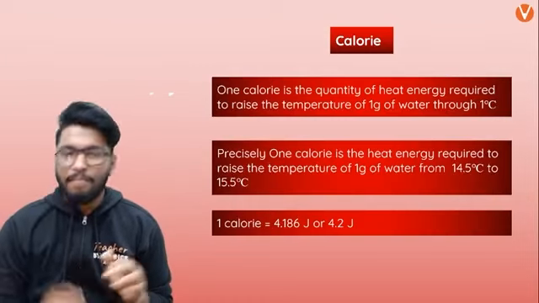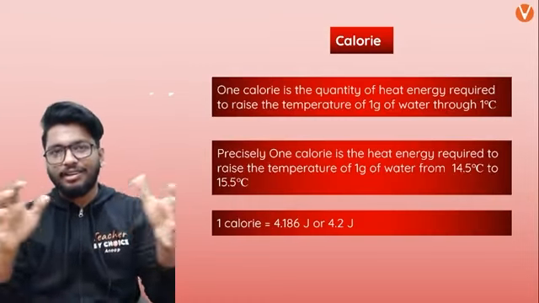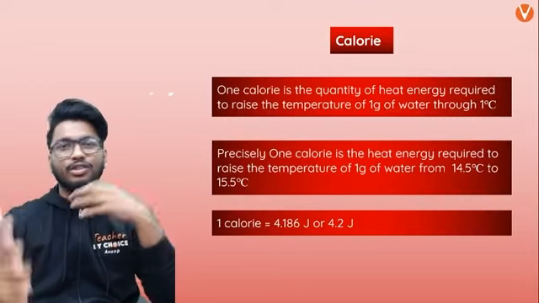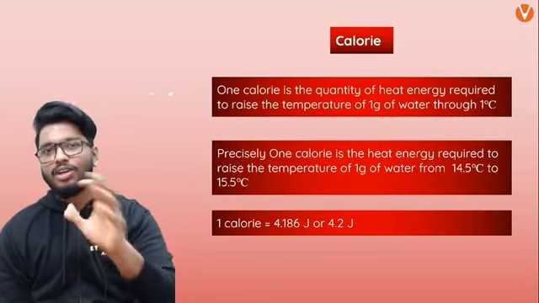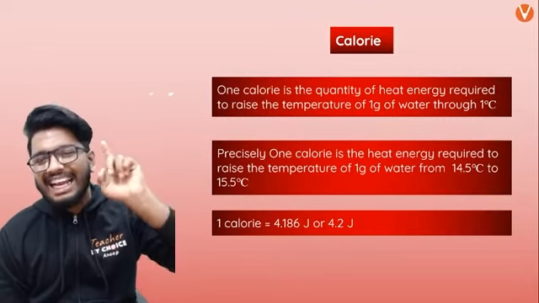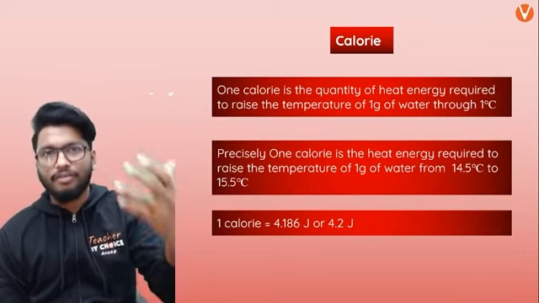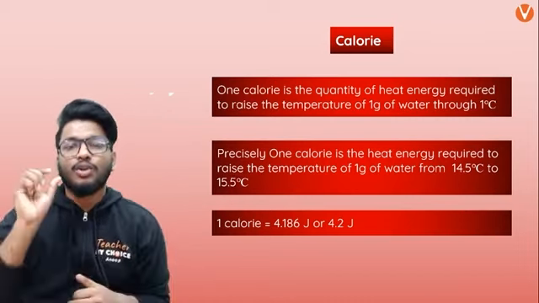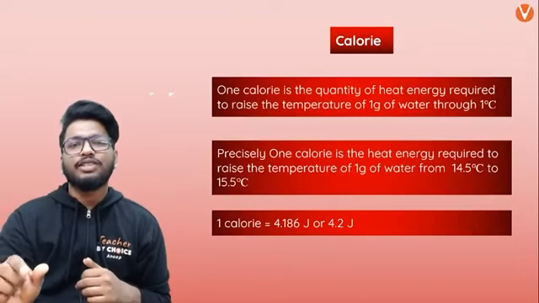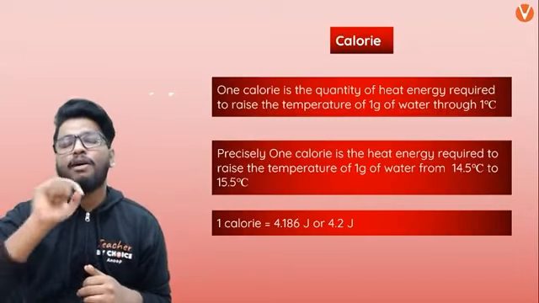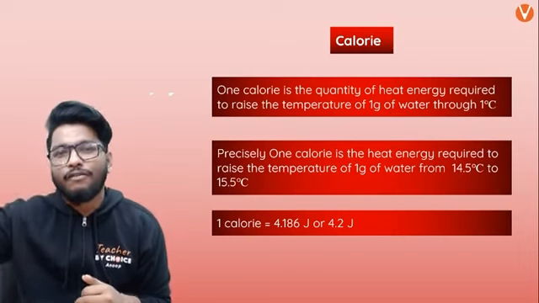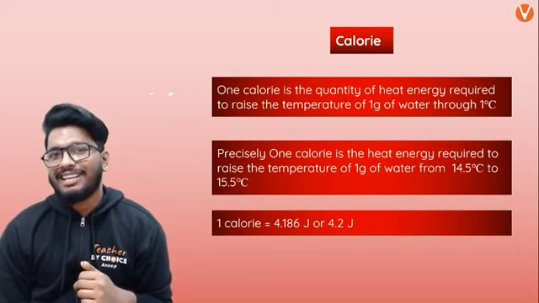But according to the scientists who have done so many experiments on this, exactly 1 calorie is used up when the temperature goes from 14.5 degrees Celsius to 15.5 degrees Celsius.